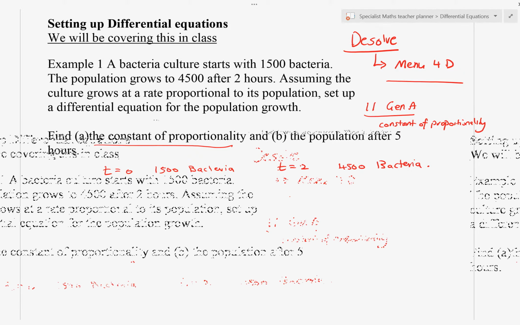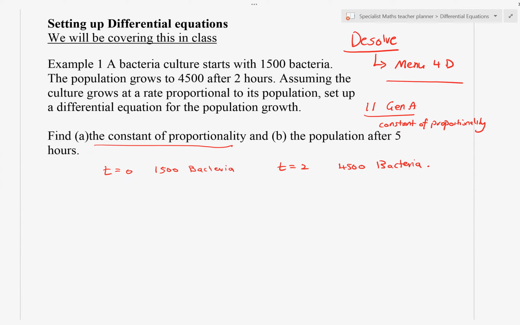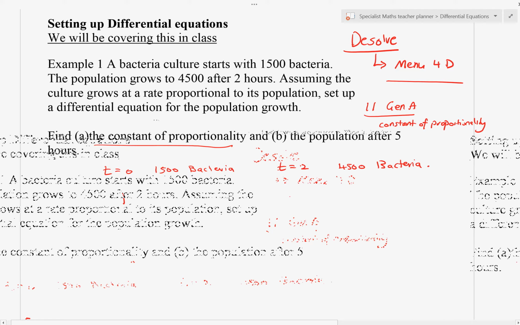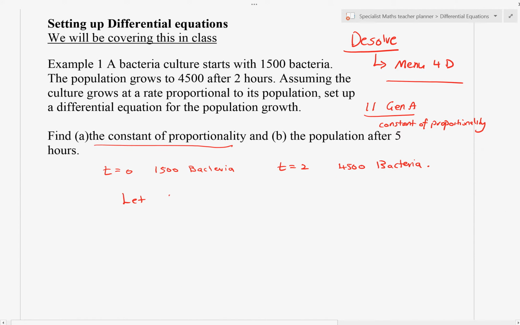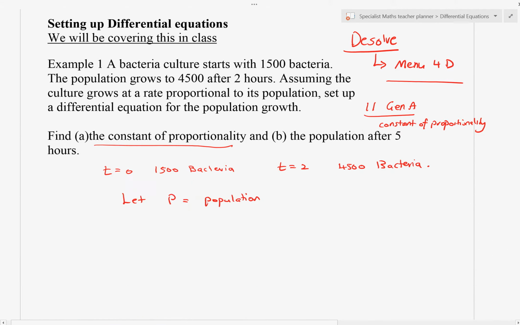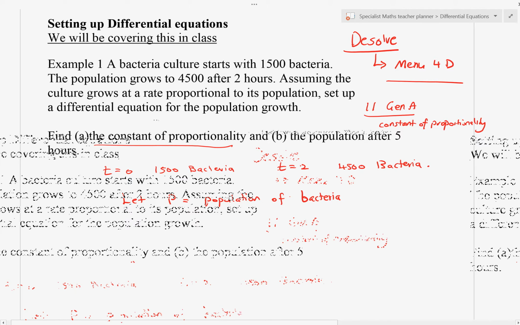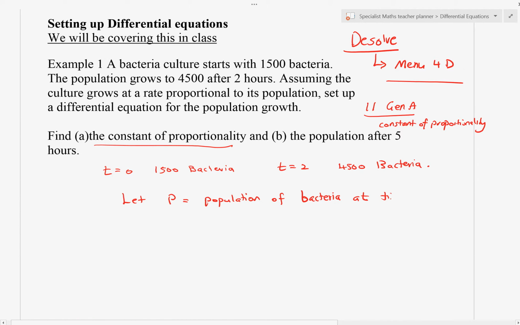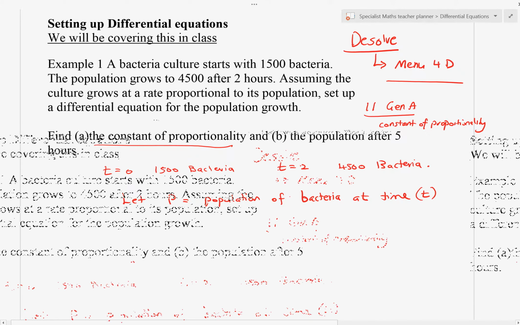But what you guys need to realise is that we need to declare what variables we've got. I'm going to let big P equal the population of bacteria at time t hours. So I've defined that.